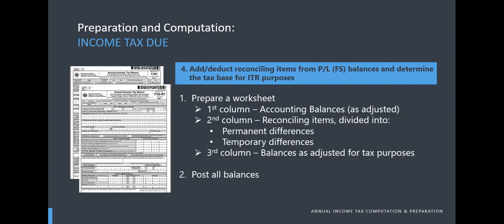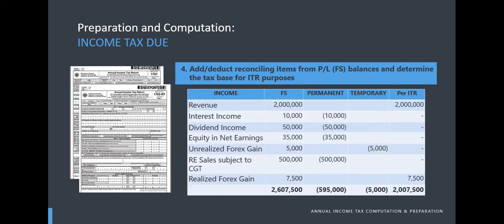After preparing the worksheet, we post all the balances of the FS or the P&L, and then the permanent and temporary differences, and add or deduct all reconciling items to arrive at the tax base. So here is an example of how to reconcile the FS balances to the ITR.